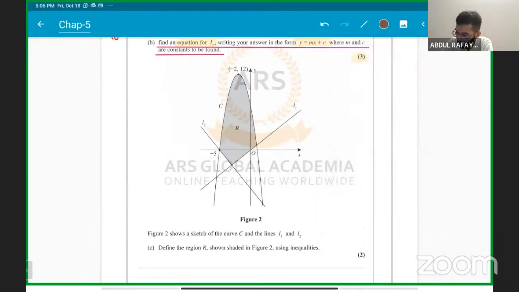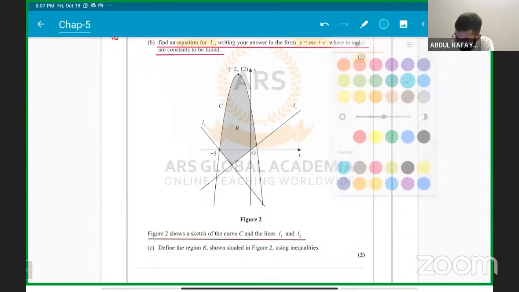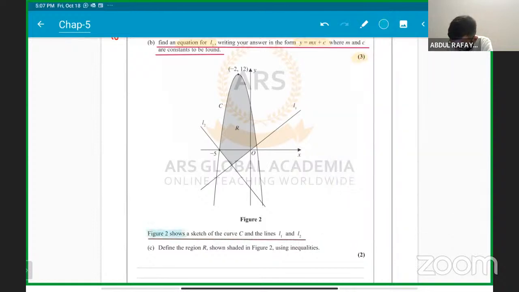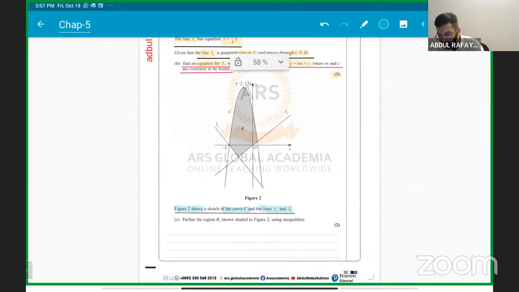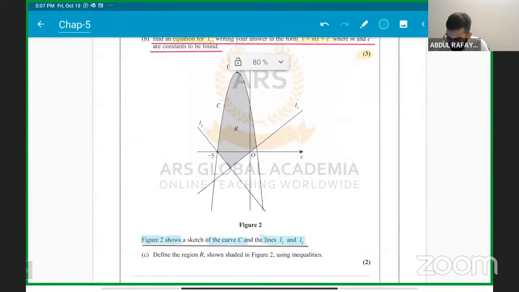So what we have is basically figure 2 shows a sketch of the curve C and the lines L1 and L2. You can clearly see, students, the curve C in the blue highlighter.